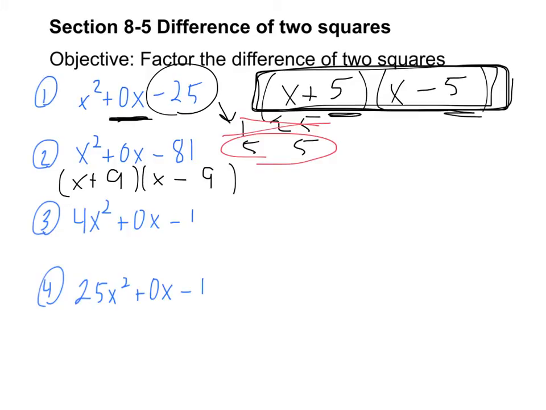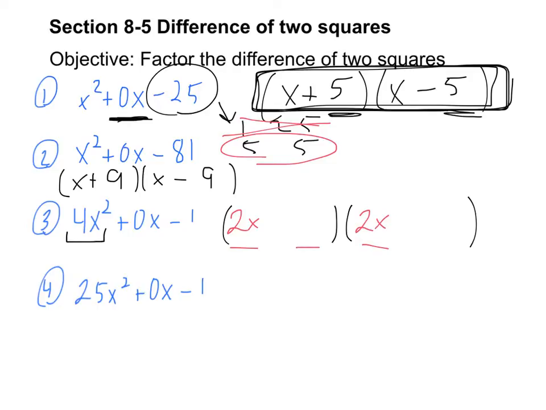Number 3 here, 4x squared plus 0x minus 1. What you will notice is you will take the square root of 4, and those numbers will be placed here and here. What's the square root of 4? It's 2. So I can place a 2x and a 2x there.